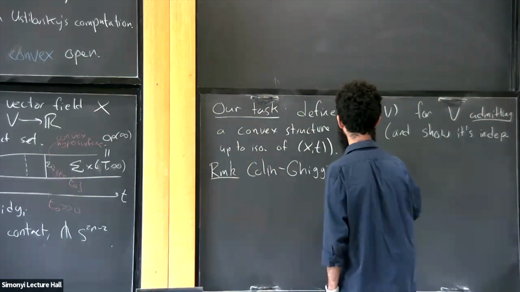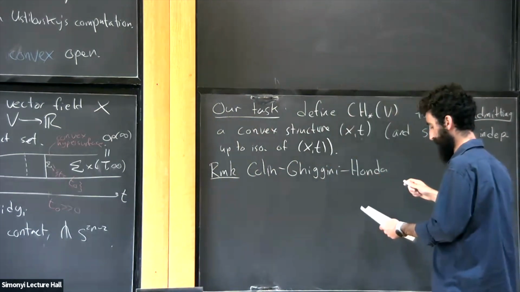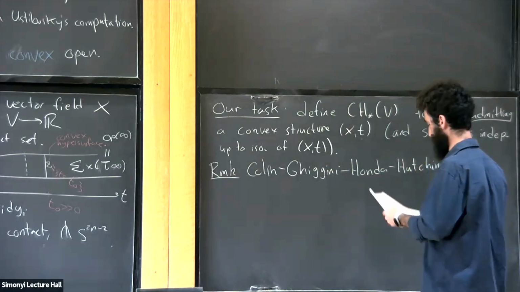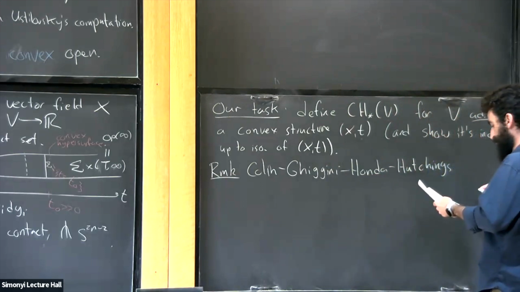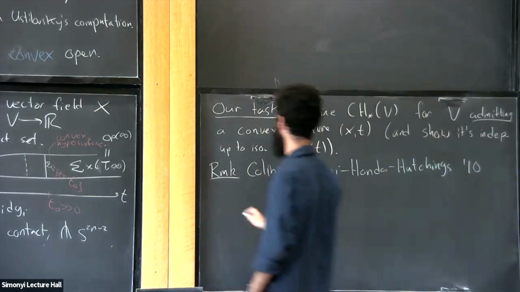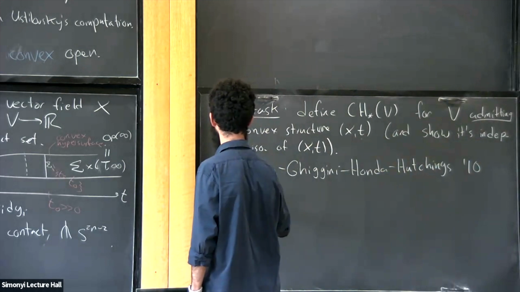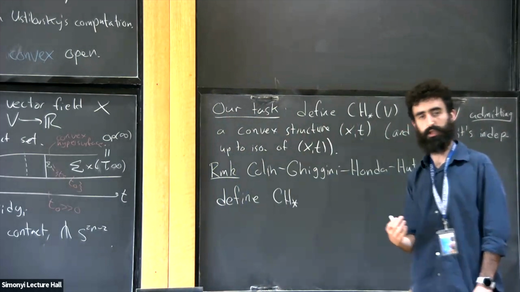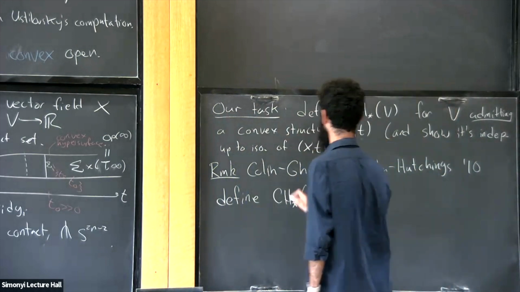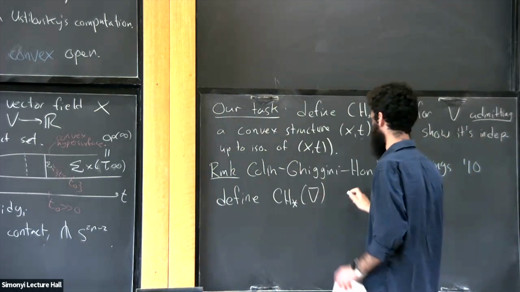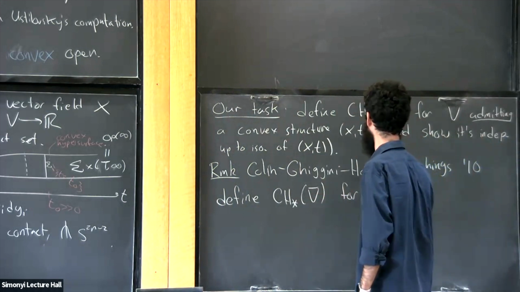Ginzburg, Hedges, and others from 10 define a version they call sutured contact homology for compact manifolds with convex boundary.